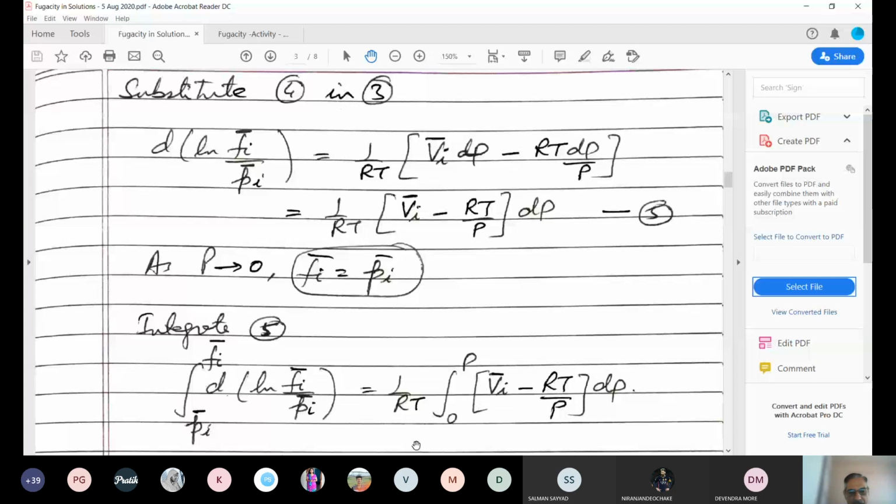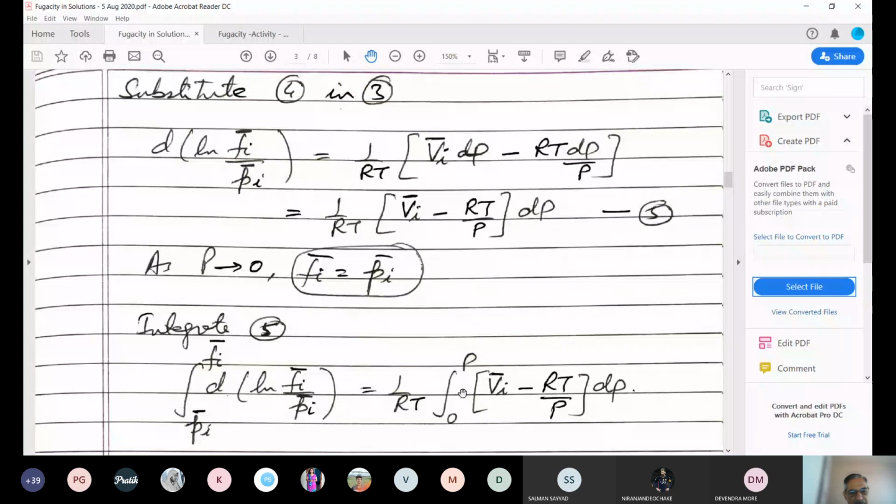The limits will be: at low pressure Fi bar is equal to Pi bar, and at any other pressure the fugacity is Fi bar. So we get the integral of d ln Fi bar by Pi bar from Pi bar to Fi bar equal to 1 upon RT integral 0 to P of Vi bar minus RT by P dP.